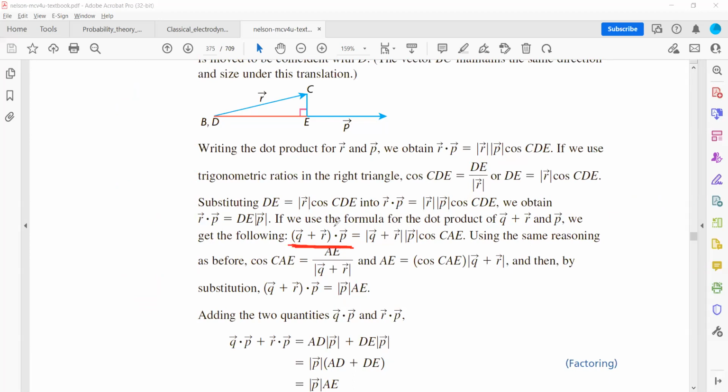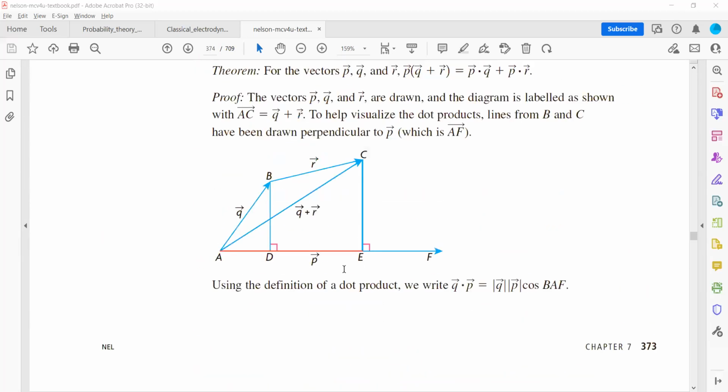We know the dot product, so we were asked to prove Q plus R times P. It's a dot product, and we'll write it as usual, modulo of a first term times modulo of a second term times cosine of angle between them, CAE angle. Let's take a look at the drawing.